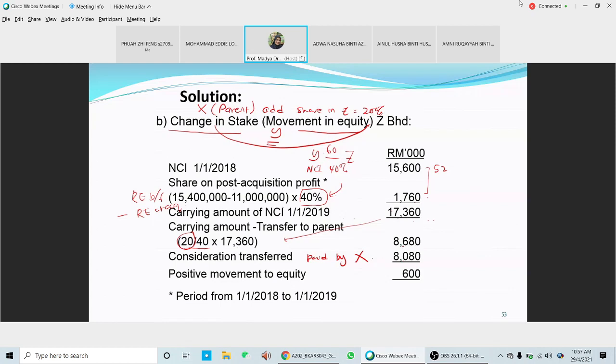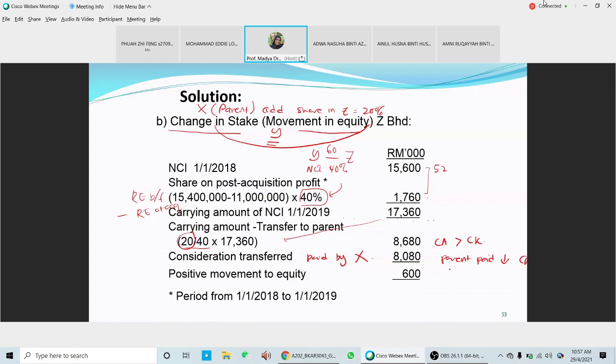So if you look here, the carrying amount is higher than the consideration paid, which means that the parent paid less, lower than the CA.